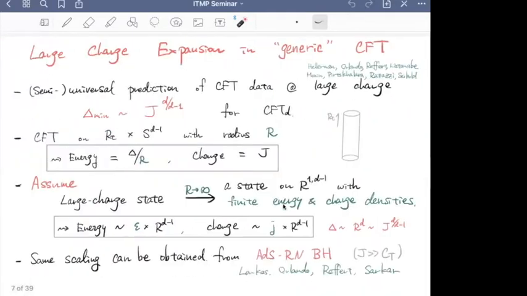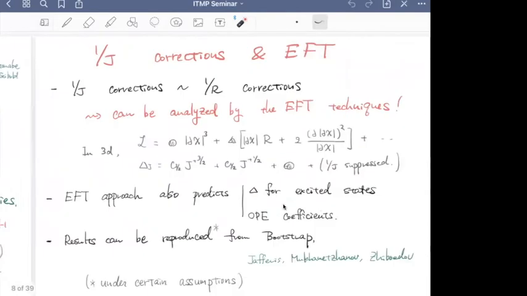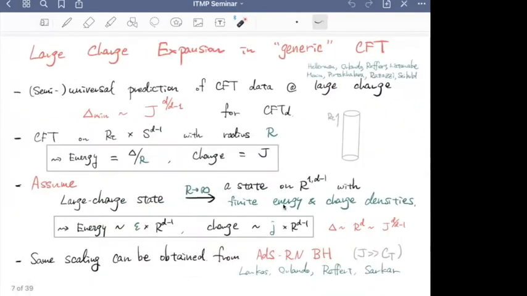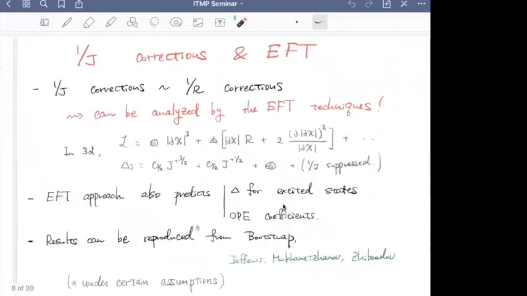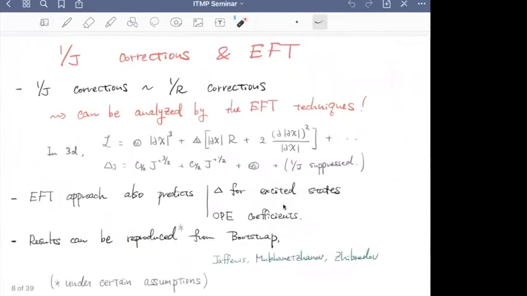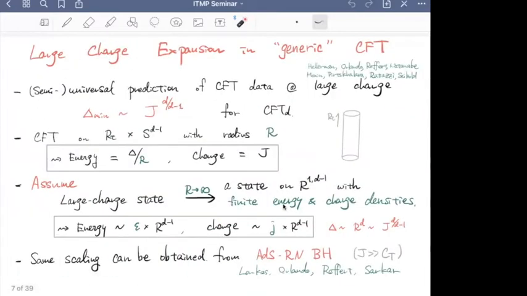So this was just the large J limit of delta, and of course, as you can see, to derive this we didn't really need to develop an effective field theory. It was just dimensional analysis. But if you want to understand the 1 over J correction, then because of this formula, the 1 over J correction is related to a 1 over R correction.